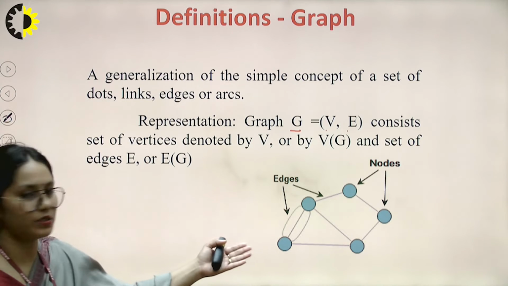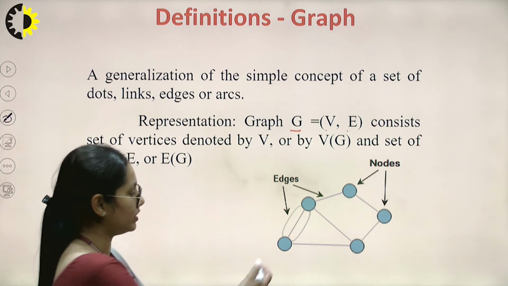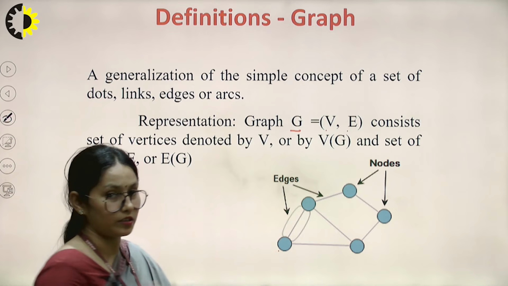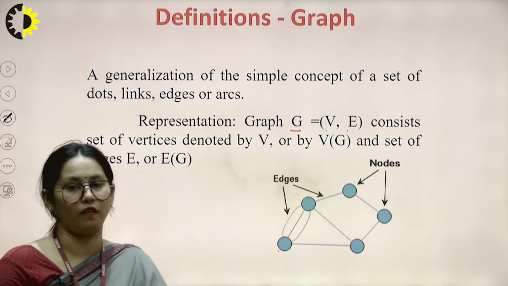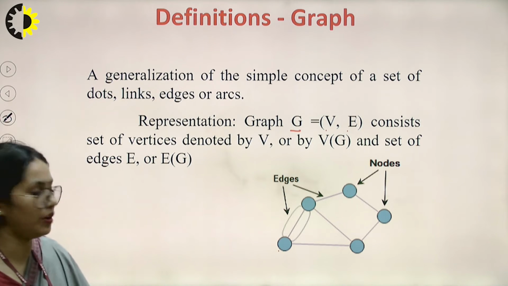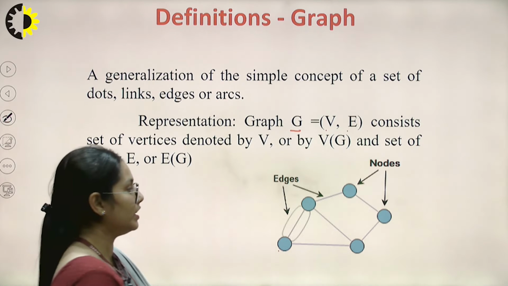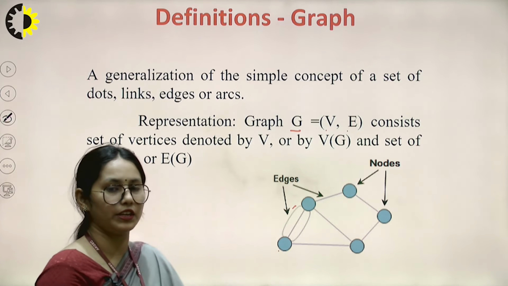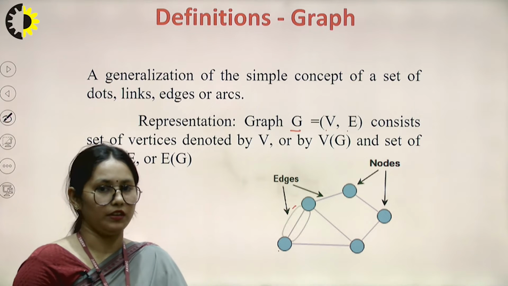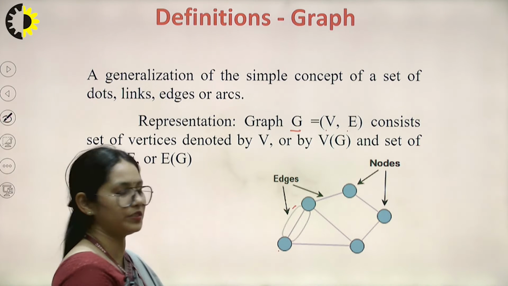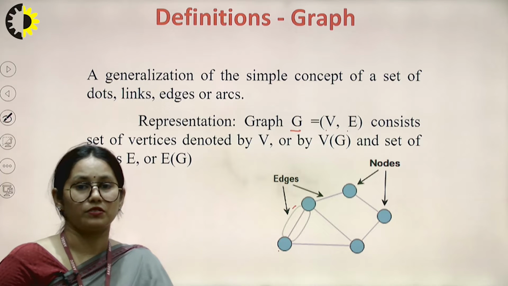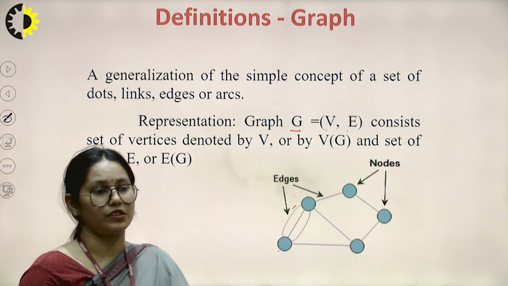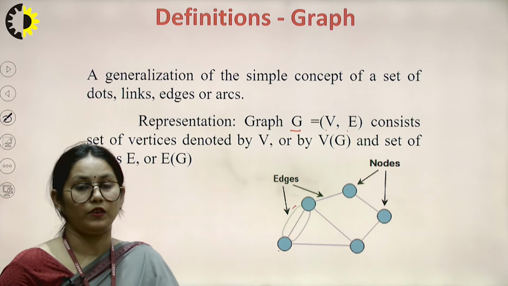In this picture, you can see that these circles are your nodes, or you can say your vertices. And these lines connecting two vertices are known as your edges. Vertices can be named in numerous forms, such as nodes, dots, vertex, whatever.